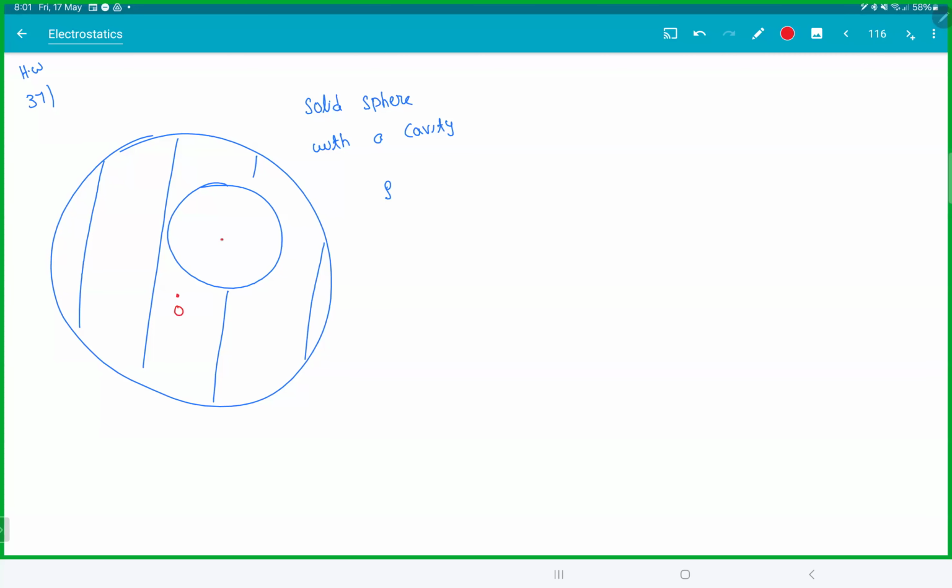O is the center. O dash is the center of the cavity. So there is a point P somewhere here. Find the field at point P. That is one homework question.